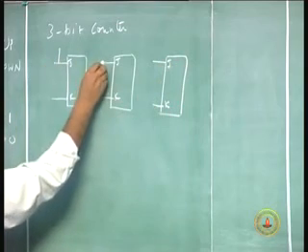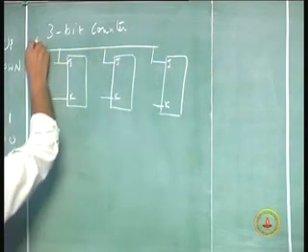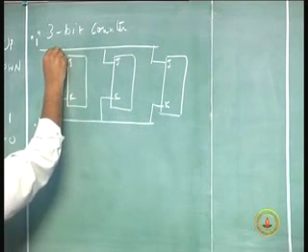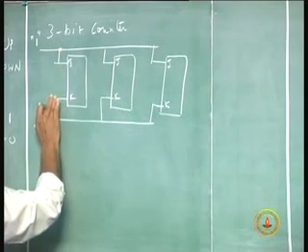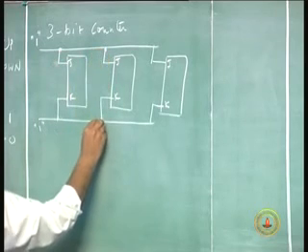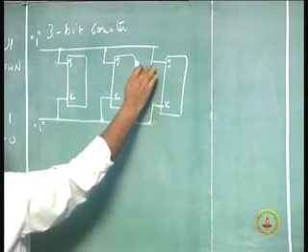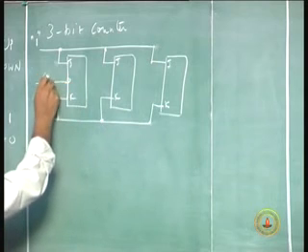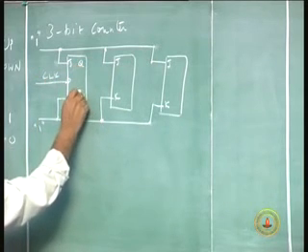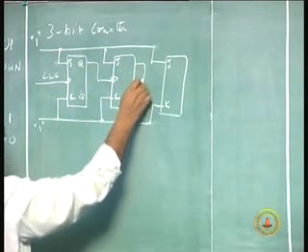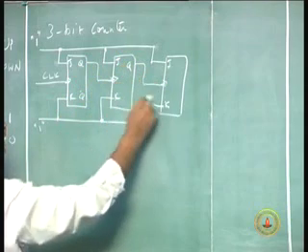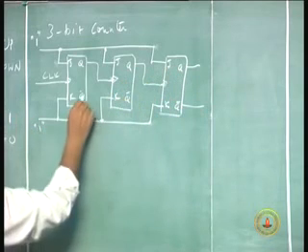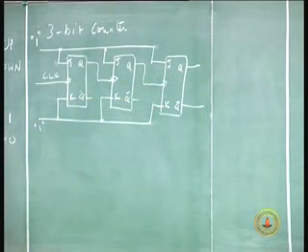Clocks. This Q and this Q bar. So I will call this A, B, C, the 3 counts.